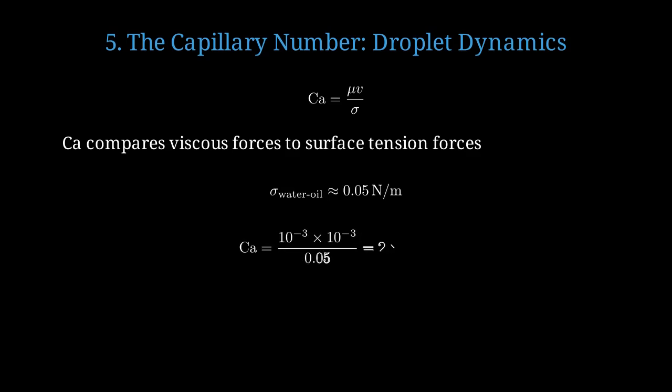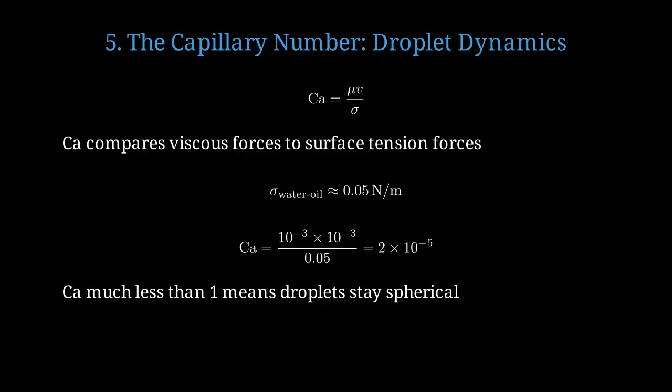Using our previous values, capillary number equals 10^-3 times 10^-3 divided by 0.05, which gives 2 times 10^-5. With capillary number much less than 1, surface tension dominates and droplets maintain their spherical shape, which is crucial for predictable behavior.